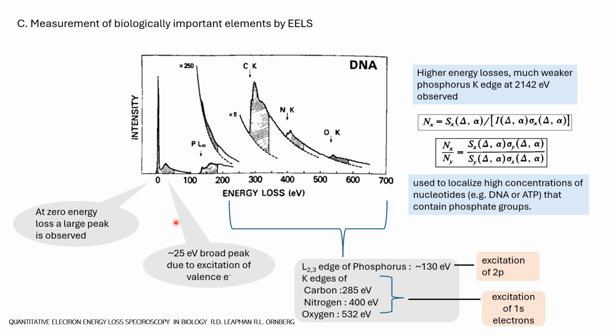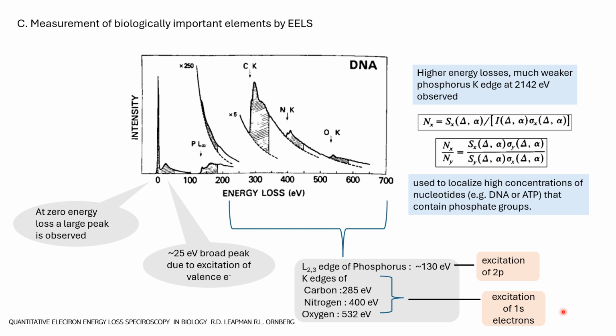Now if we expand the spectrum, there we can see L23 edge of phosphorus and K edge of carbon, nitrogen and oxygen. And this L23 edge of phosphorus is due to the excitation of 2p electrons, and the K edges of carbon, nitrogen, oxygen are for the excitations of 1s electrons.